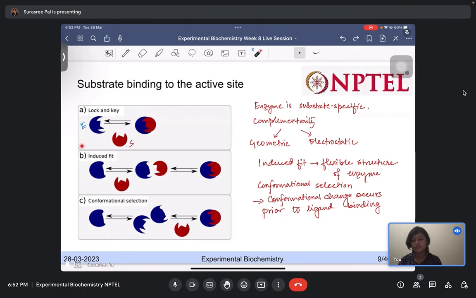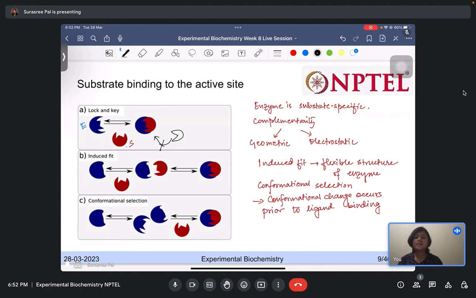Right? It also explains that a substrate with a different shape will not be able to fit into the enzyme. So this was a very initial assumption.